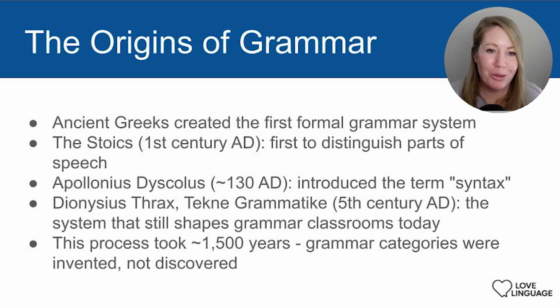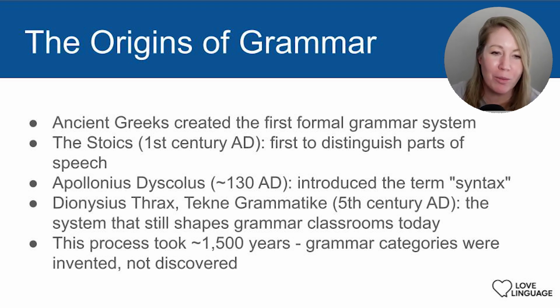So now we're going to move into the historical development of grammar itself. Grammar as a formal system actually originates with the ancient Greeks. And when I say the ancient Greeks, I want to be more specific because this didn't happen all at one time. So the Stoics, writing around the first century AD, were the first to distinguish parts of speech in a systematic way, right?